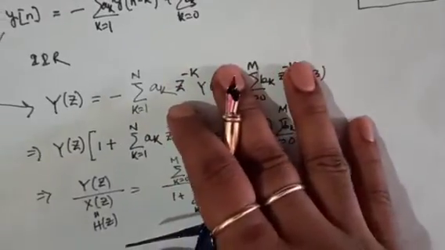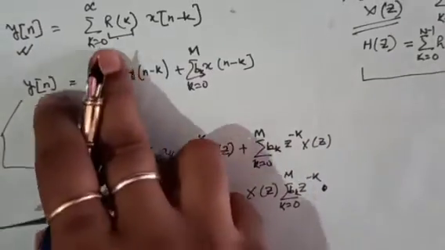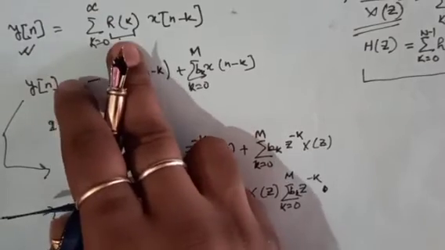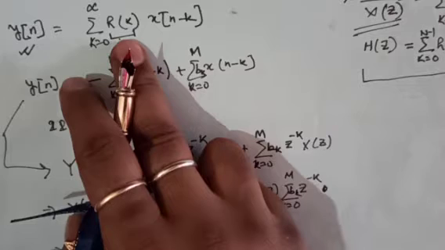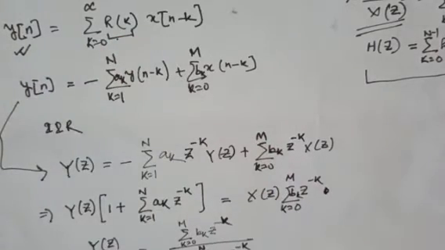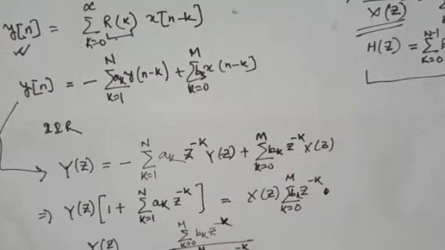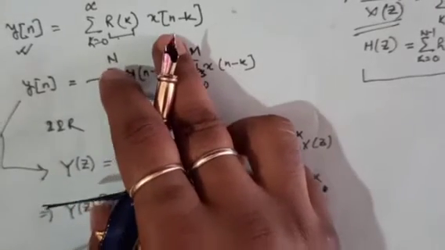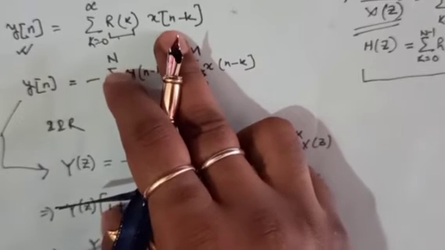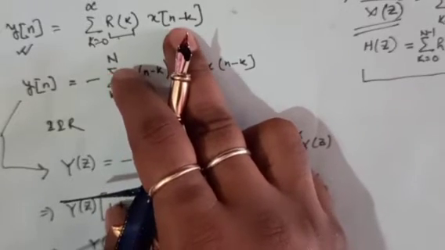But in case of the IIR, since the equation is summation from 0 to infinity h of k x of n minus k, where h of k, that is the impulse response of the system, is an infinite length sequence, practically we need an infinite number of memory locations to store all the past values.